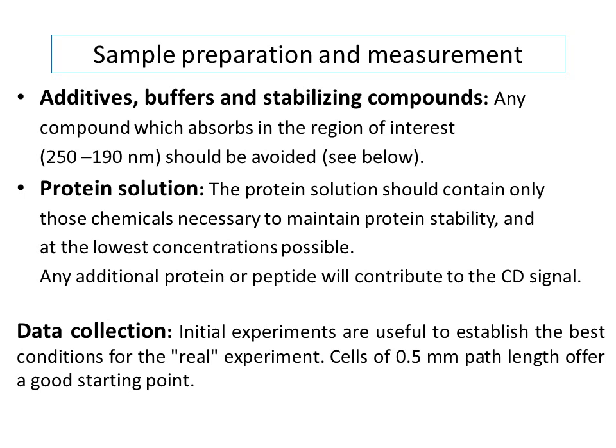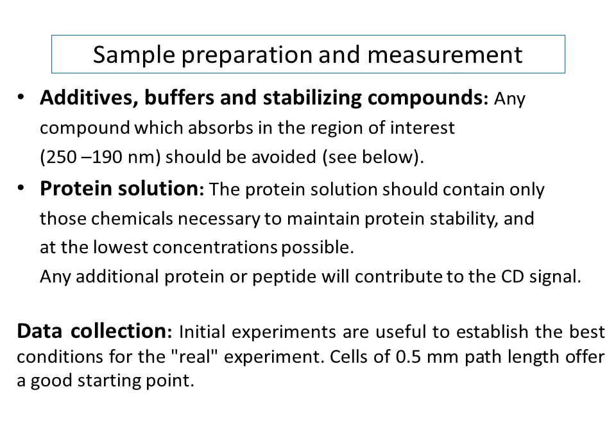When preparing samples for measurement, you may come across different additives, buffers and stabilizing compounds. Any compound which absorbs in the region of interest should be avoided. So just be careful that you're looking at buffers that are not coming into the same wavelength range as your analysis.